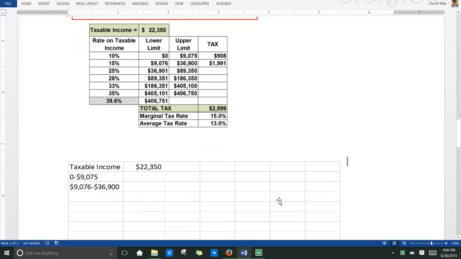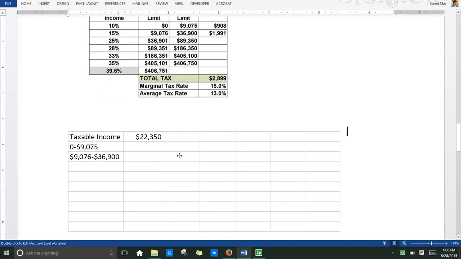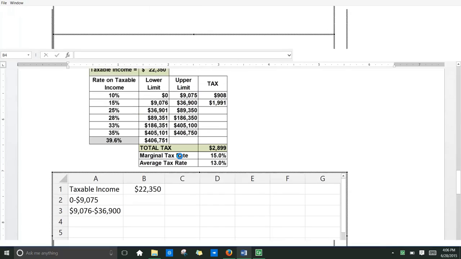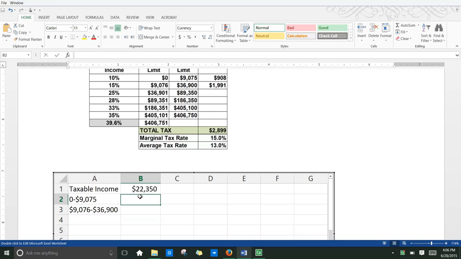And there's her liability. The way they found that, and we're going to use a spreadsheet. Click in cell B2. The first $9,075 is 10%, so equals $9,075 times 10%. Then we need to calculate, first of all, the difference between $22,350, her taxable income, minus the $9,075, and that we calculate at 15%.